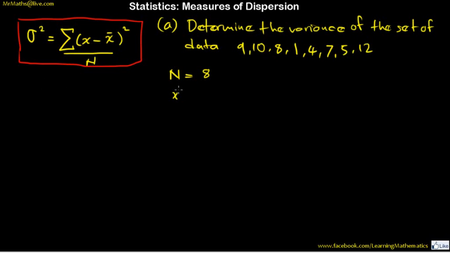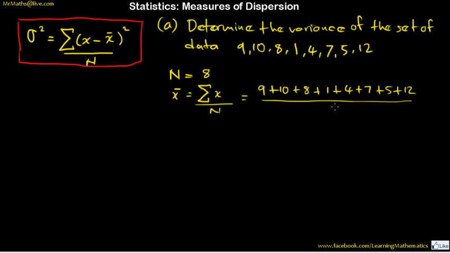How do we calculate x bar? The formula for mean is like this: total up all the data, and then divide by the frequency. So 9 plus 10 plus 8 plus 1 plus 4 plus 7 plus 5 plus 12, over 8.